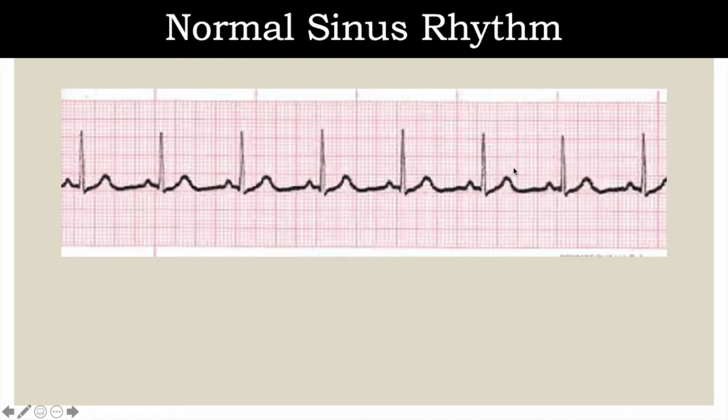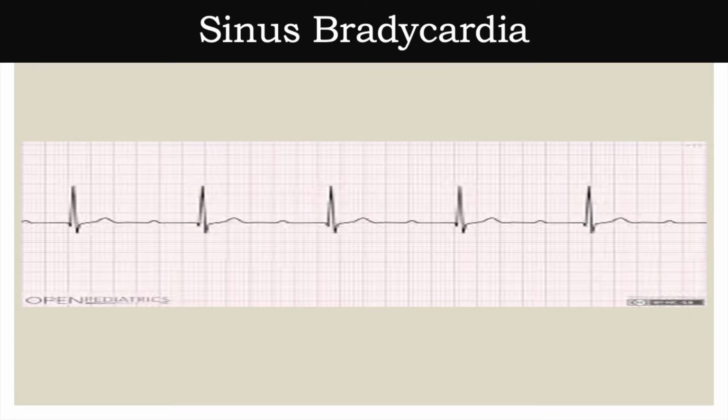All right, so now sinus bradycardia. Sinus bradycardia is the same thing as sinus rhythm, but now the heart rate is below 60, meaning that there is still a PQRST, and the QRS and the PR interval should be normal.